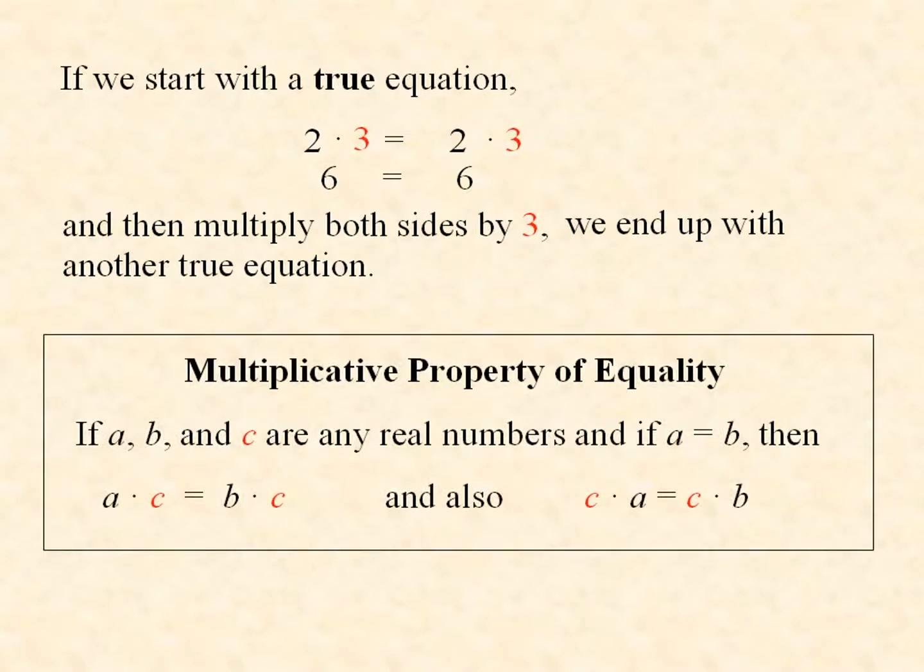This is the multiplicative property of equality. If a, b, and c are any real numbers, and if we start with the equation a equals b, then a times c equals b times c, and we can also write c times a equals c times b. In other words, we can multiply both sides of an equation by the same number.